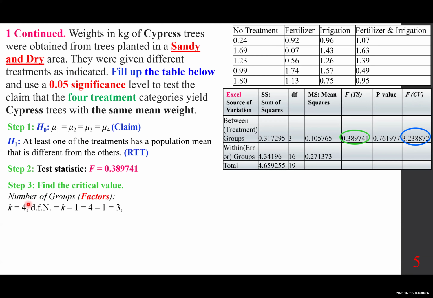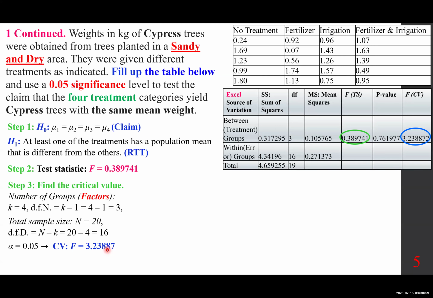Find the critical value. Number of groups, factors, K is 4, degrees of freedom is K minus 1, or 3. Total sample size N minus K, that is 16. So alpha 0.05, the critical value F is 3.23887.